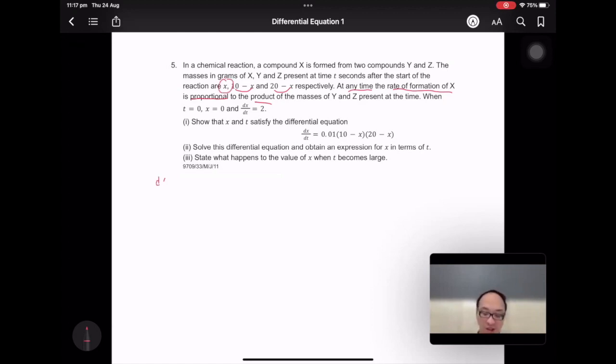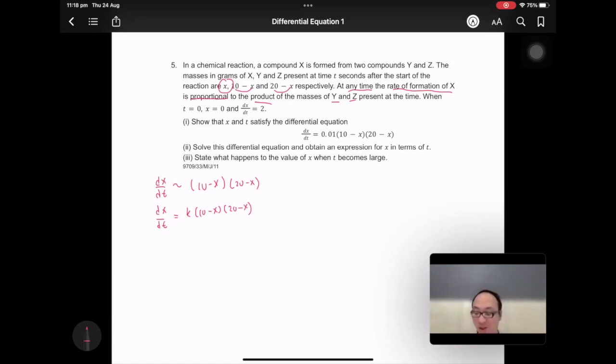That means dx/dt will be proportional to the product of y and z. So it's 10 minus x and 20 minus x. And then we have to change into the equation. So k times 10 minus x, 20 minus x.